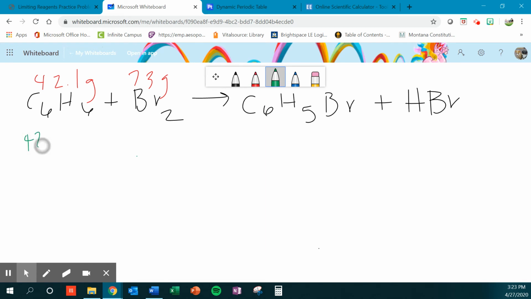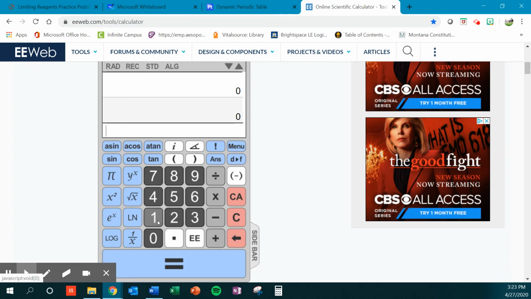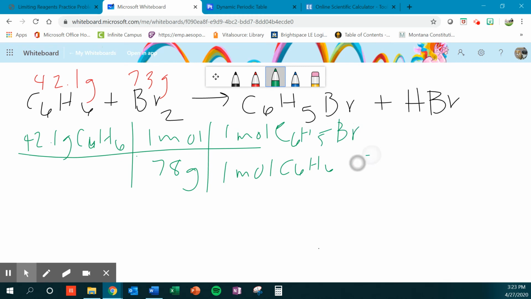So 42.1 grams of C6H6 is 1 mole. So we would take 12 times 6 plus 6, so 78 total is the mass. And then it's a 1-to-1 ratio, so 1 mole of C6H6 to 1 mole of C6H5Br.